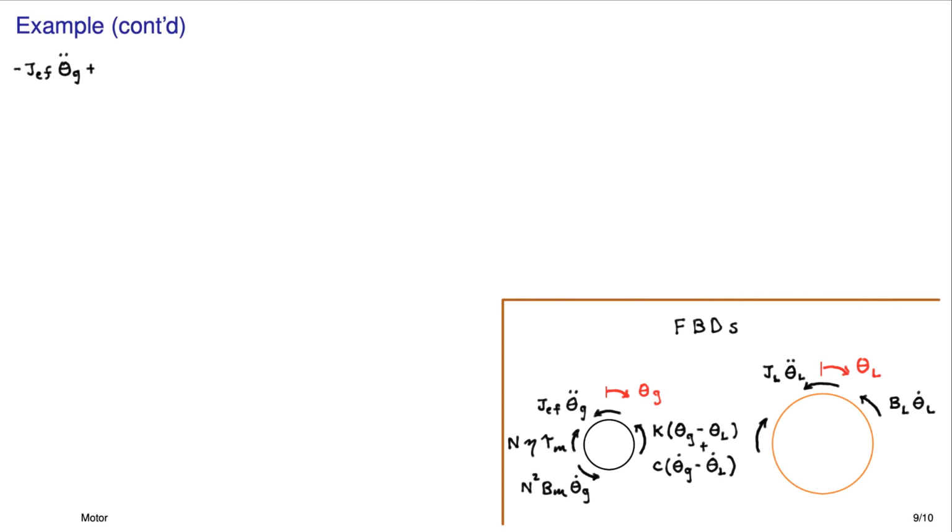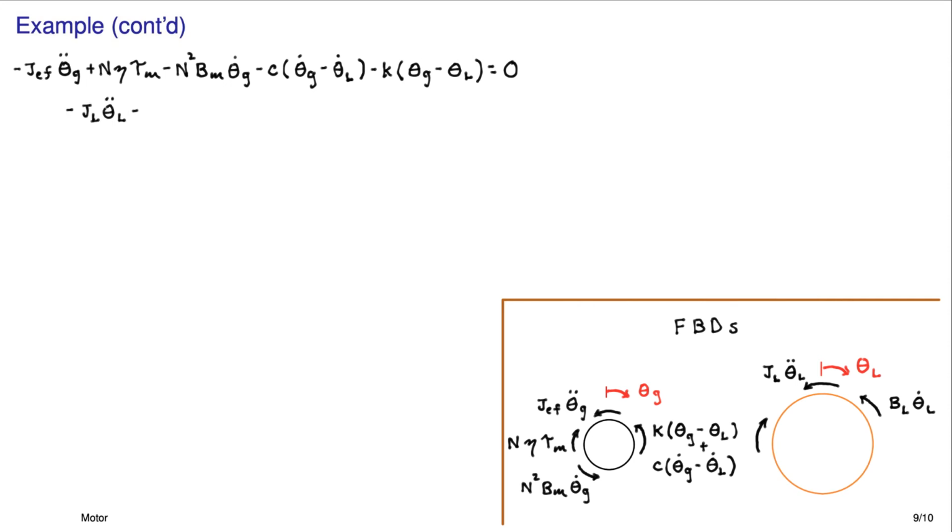So starting with the output shaft of the gearbox, we just have the inertial moment, we have the torque that's being transmitted through the gearbox from the armature all the way out to that output shaft of the gearbox, and now we have the viscous damping associated with what's happening inside the gearbox, and then finally the shaft compliance terms. So we have a stiffness and a damping, and we set that equal to 0.